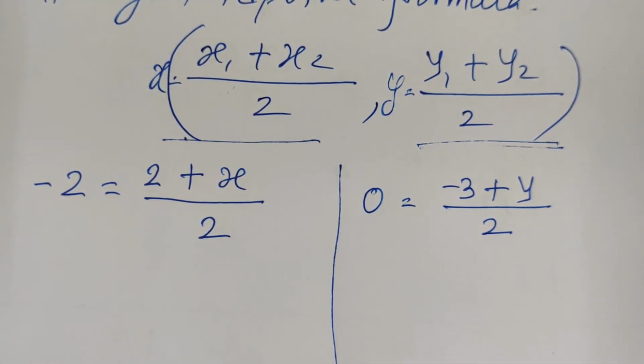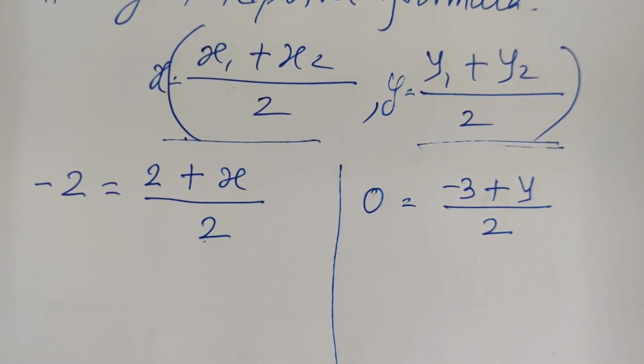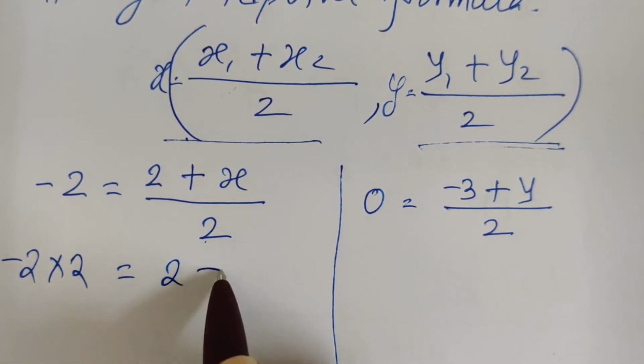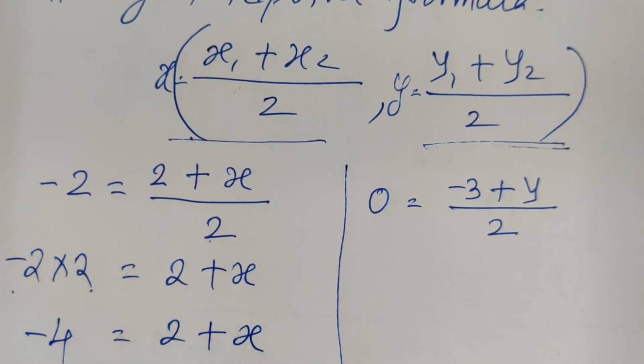Now you know how to complete the calculation. So the 2 is dividing here, it will go to this side and multiply. That means -2 multiplied by 2 equal to 2 plus x. -2 twos are -4, equal to 2 plus x.